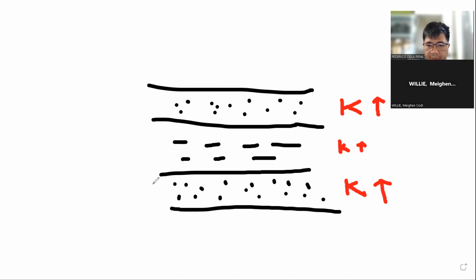Okay. So water cannot easily pass through silt. Okay. Now, if you have water flowing in this direction, it will easily flow through sand. Okay. We have a big arrow in there. And then once it reaches the silt layer, it will slow down. Okay.